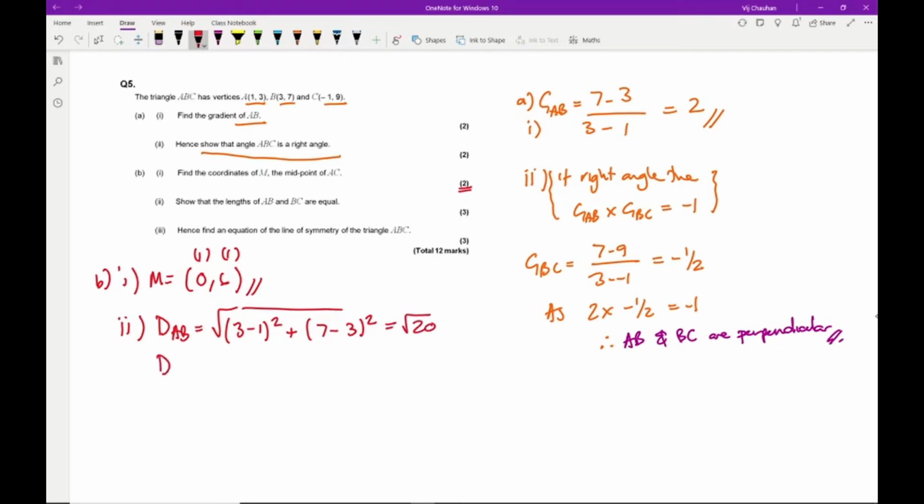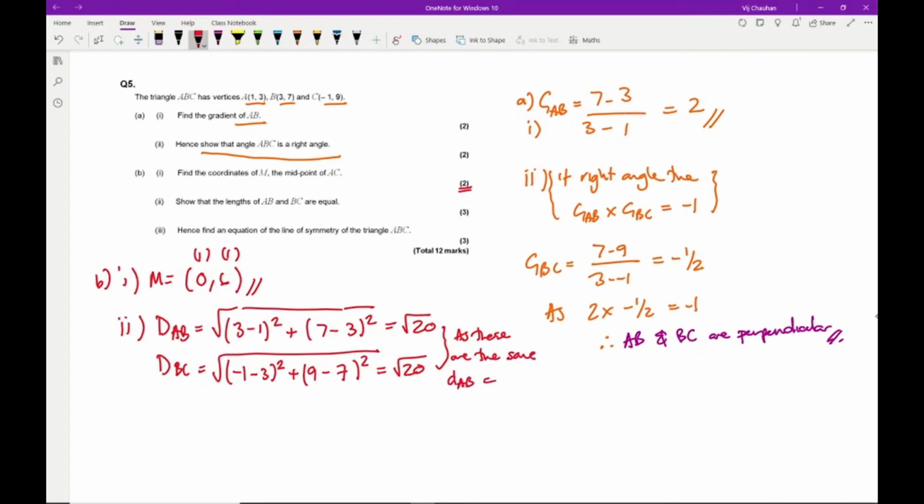I then want to work out the distance of BC, so again square root, and again I'm going to have the x ordinate, so minus 1 minus 3 squared plus 9 minus 7 squared, and again that gives you root 20. And then as these are the same, distance AB equals distance BC, and there you go.